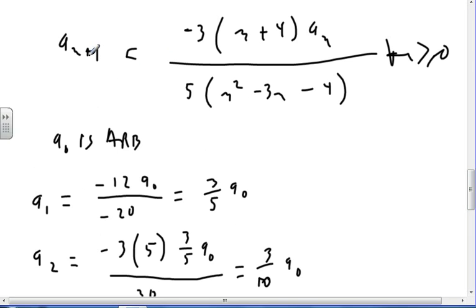When n is 1, that's minus 3 times 5, 3 over 5 a0. When n is 1, minus 7 plus 1 is minus 6. That's minus 30.